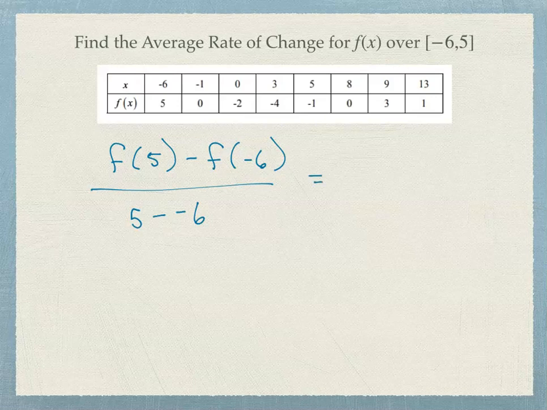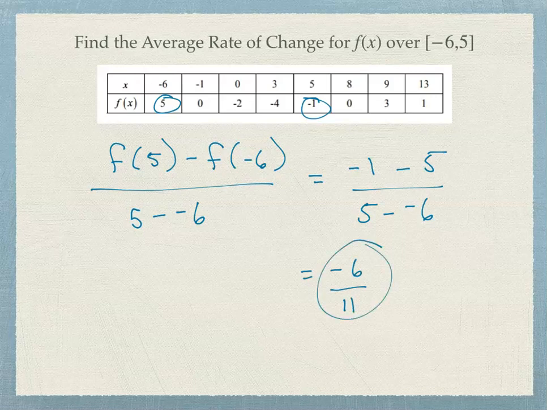F of 5 in the table is -1 minus f of -6, which is 5. All right, over 5 minus -6. So I get -6 over 11. So my average rate of change is negative, it's going down, and the value at which it's going down is -6 over 11.